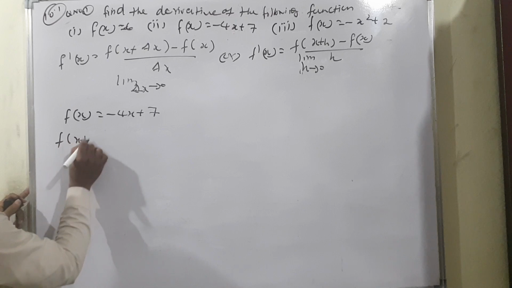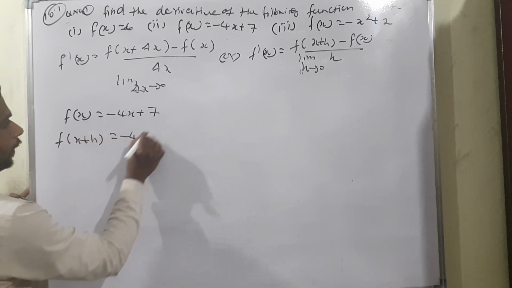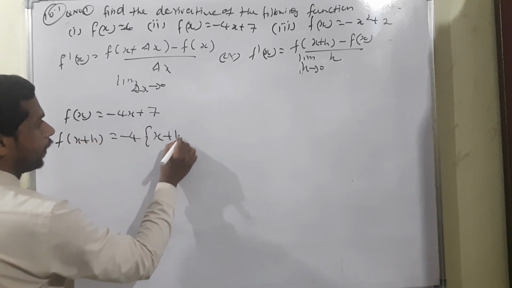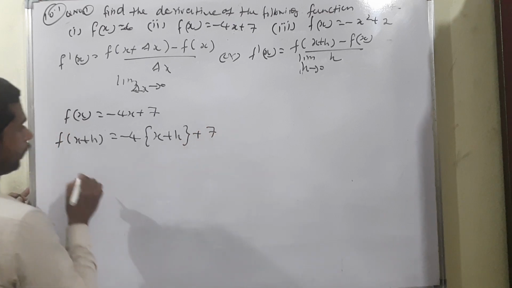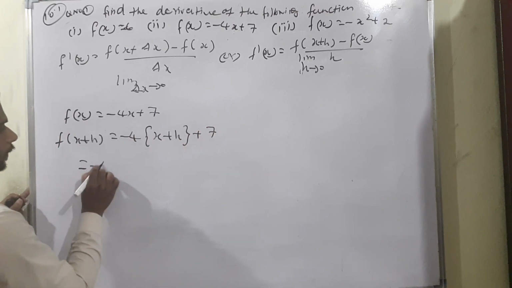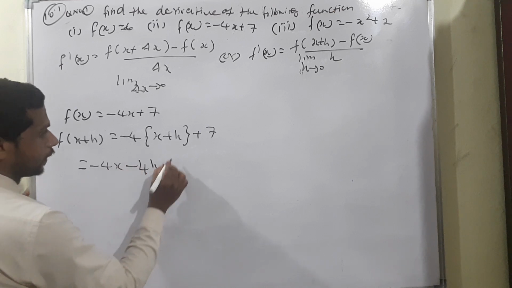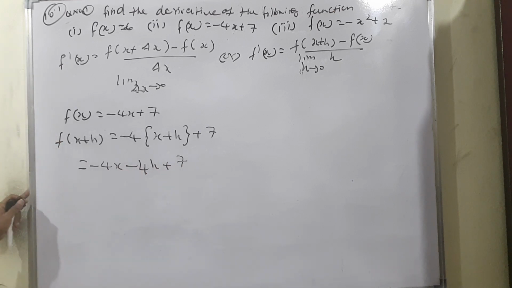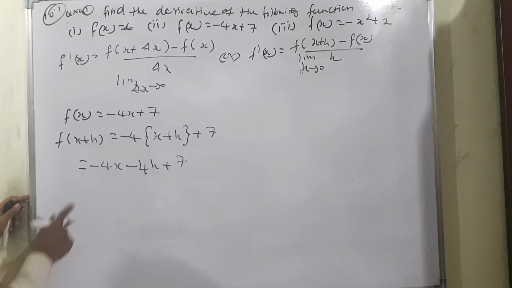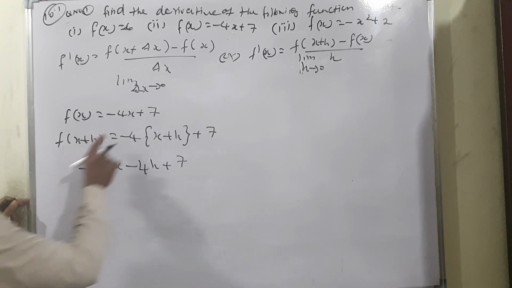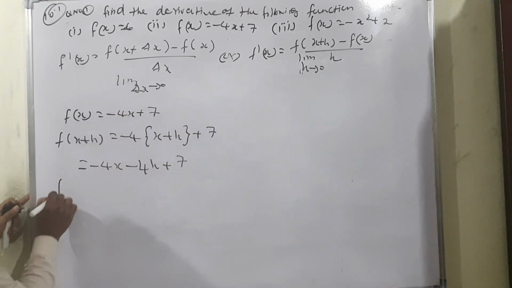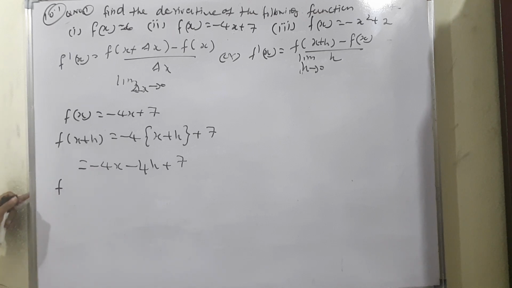F of x plus h means minus 4 into x plus h plus 7, minus 4 into x is minus 4x, minus 4 into h is minus 4h, plus 7. After getting f of x plus h, then apply the main formula for f dash of x. That is called first principle.